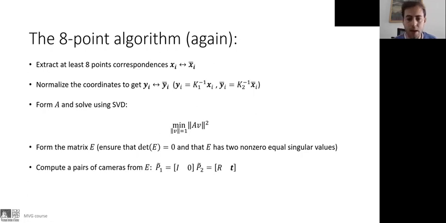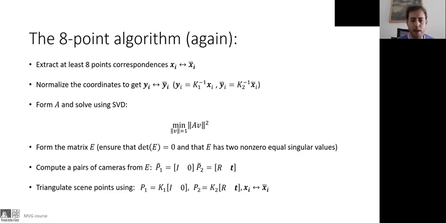And then we can actually get a solution for our original structure from motion problem, and we can triangulate 3D points from the solved cameras and the original correspondences. Okay, so those are the steps of the pipeline for using the 8-point algorithm to solve the calibrated structure from motion problem. So let's see an example.